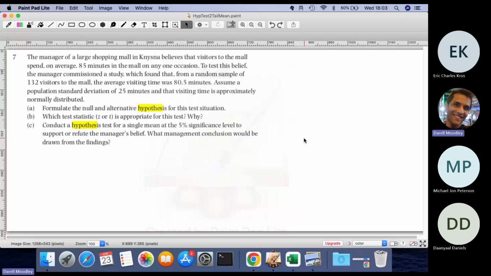How you come about that 2% number, and how you test whether that claim is true, using data to test that theory, is what hypothesis testing is. In this example, we're going to test a claim that's a bit different from the manufacturing example with cars. Now we're going to talk about visitors to a mall and how much time they spend on average.